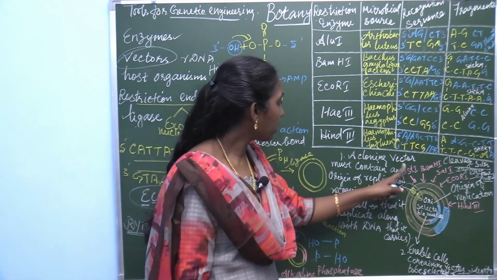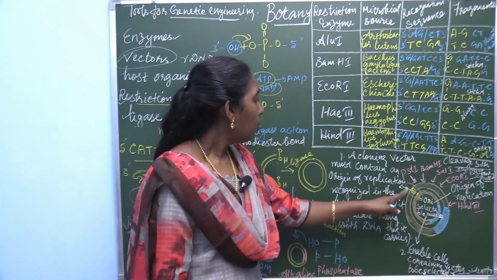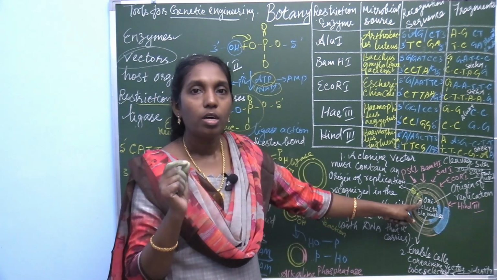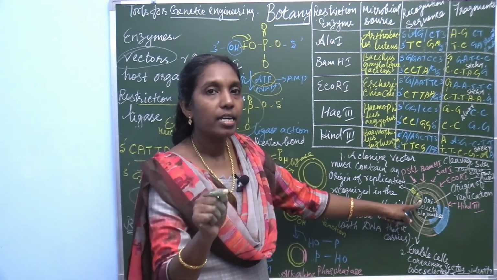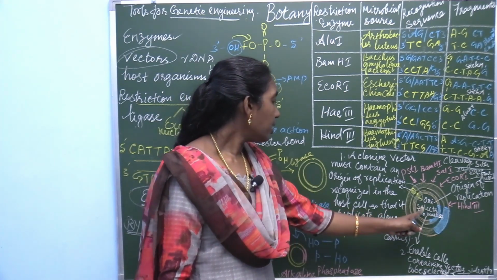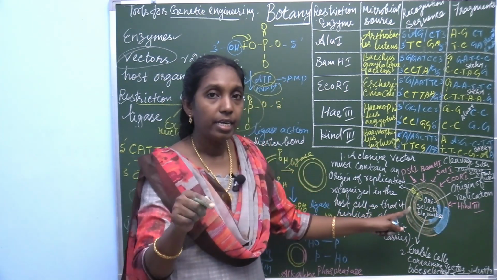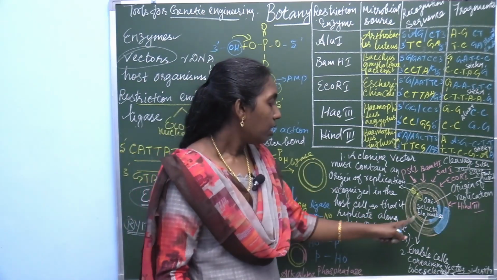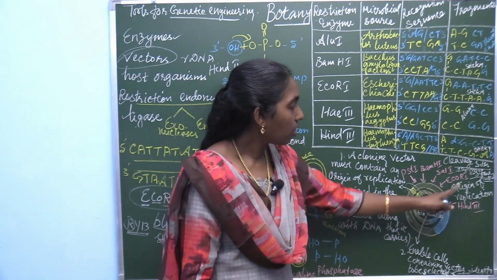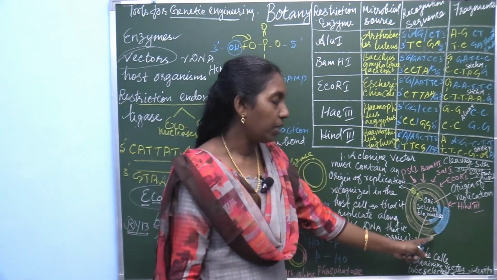A cloning vector must contain an origin of replication which is recognized in the host cell, so that it replicates along with the DNA that it carries. So, this origin of replication is the main feature of this plasmid or vector.